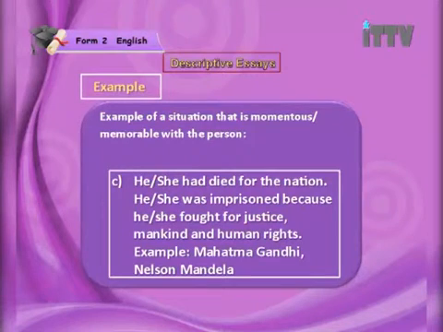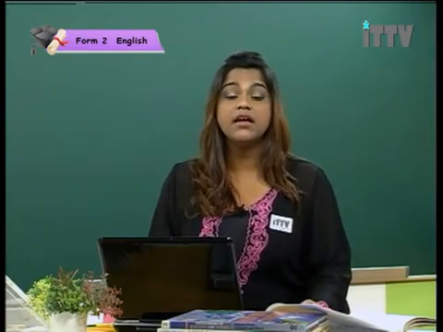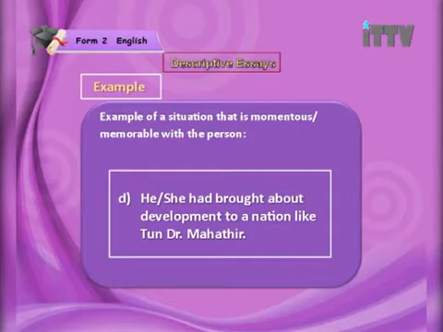He or she had died for the nation. He or she was imprisoned because he or she fought for justice, mankind, and human rights. Now, examples of people like that would be Mahatma Gandhi, Nelson Mandela.